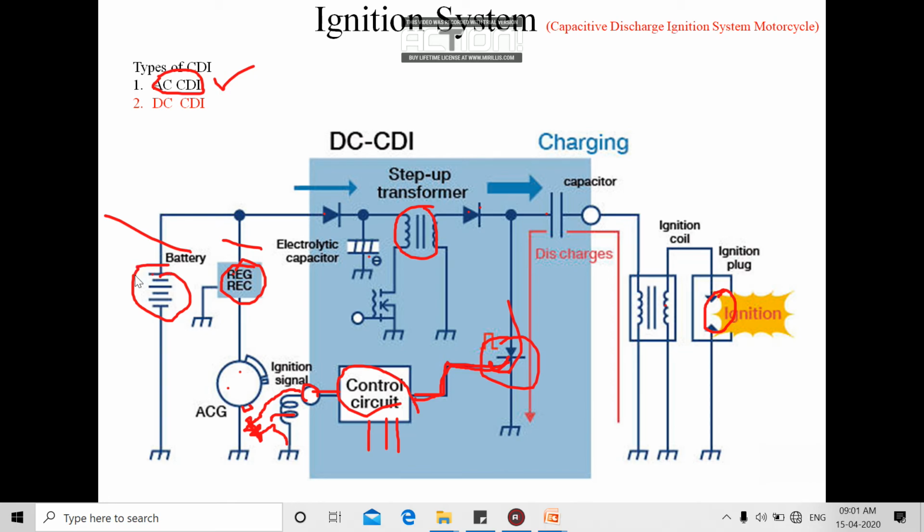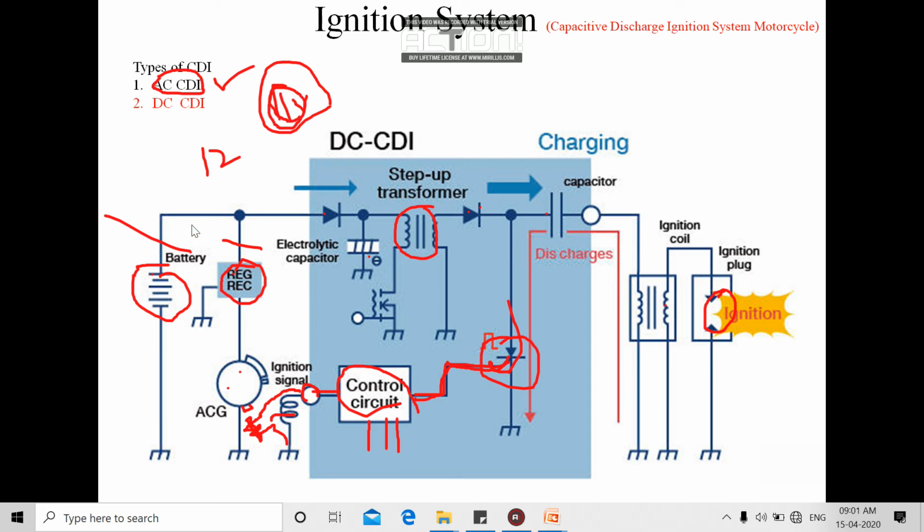Even if the battery is not holding the 12 volt charge, it is holding some 11 volt charge or near to dead, the ignition system still works. But if we remove this 11 volt battery from that AC CDI type vehicle, then the vehicle won't start. Whether the battery is dead or live doesn't matter, but it should hold some charge, near 11.6 to 12.6 volt.